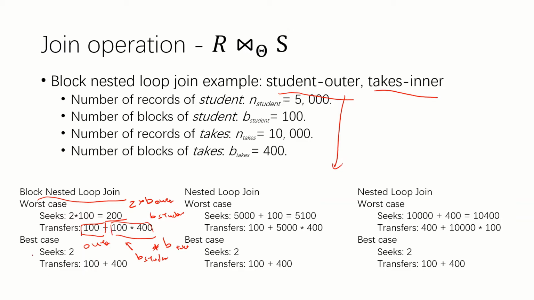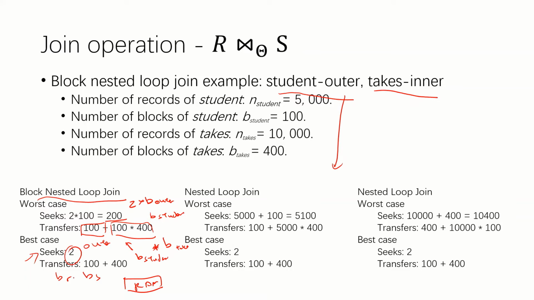The best case scenario, okay, maybe you take a moment to think when does this best case scenario occur? Okay. This best case scenario occurs when all my br and bs is able to fit into my main memory, my RAM, and so I don't need to transfer in and out all the time, and so I only need to do 2 accesses.